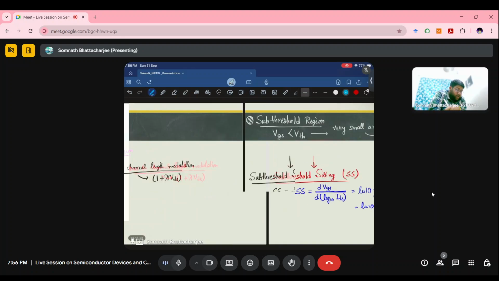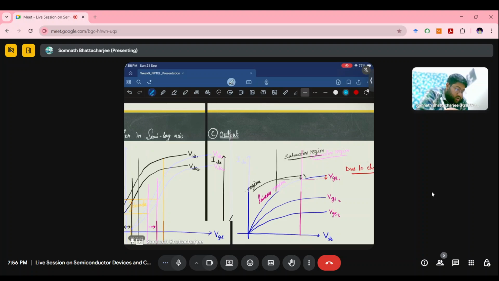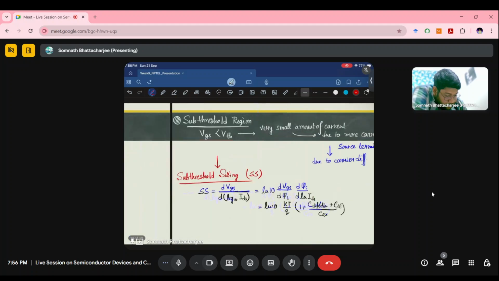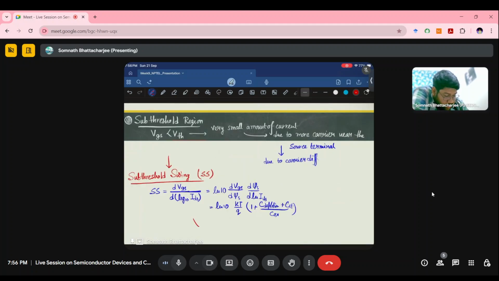We can get the value of subthreshold slope from this. And also, sorry, I forgot to mention that if we are just reciprocating this SS value, we can also get the subthreshold slope.